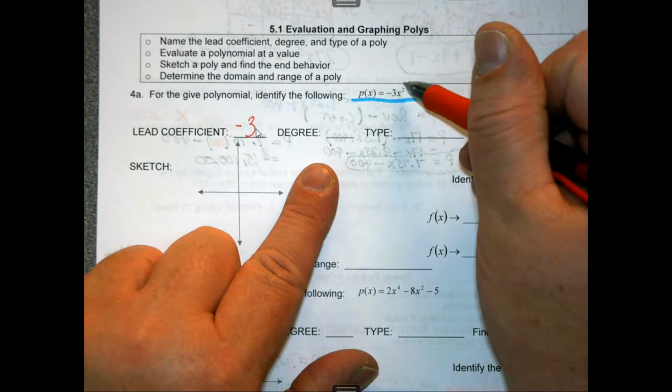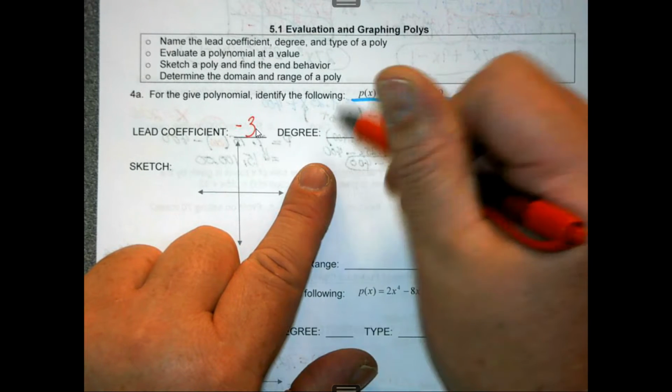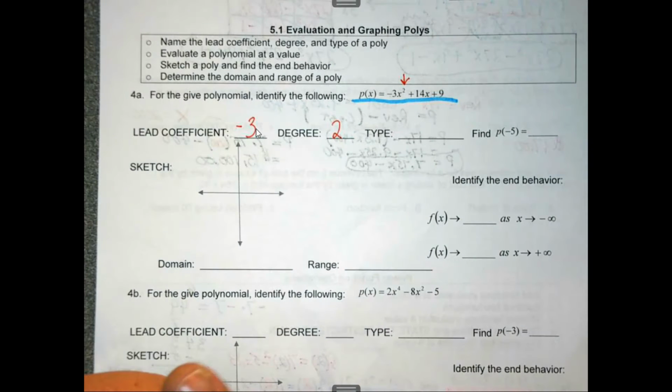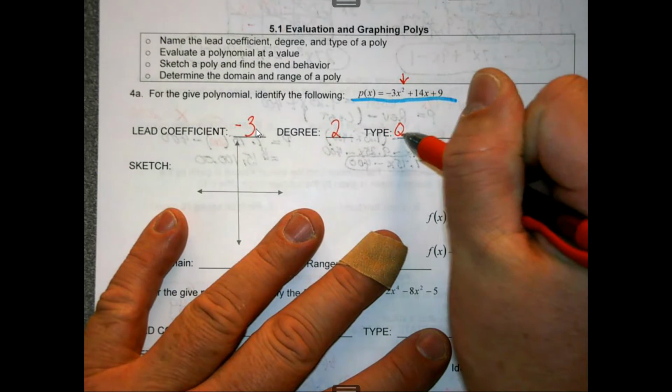Speaking of degree, it's the highest degree, which is 2. And what do we call a second degree polynomial? Quadratic.